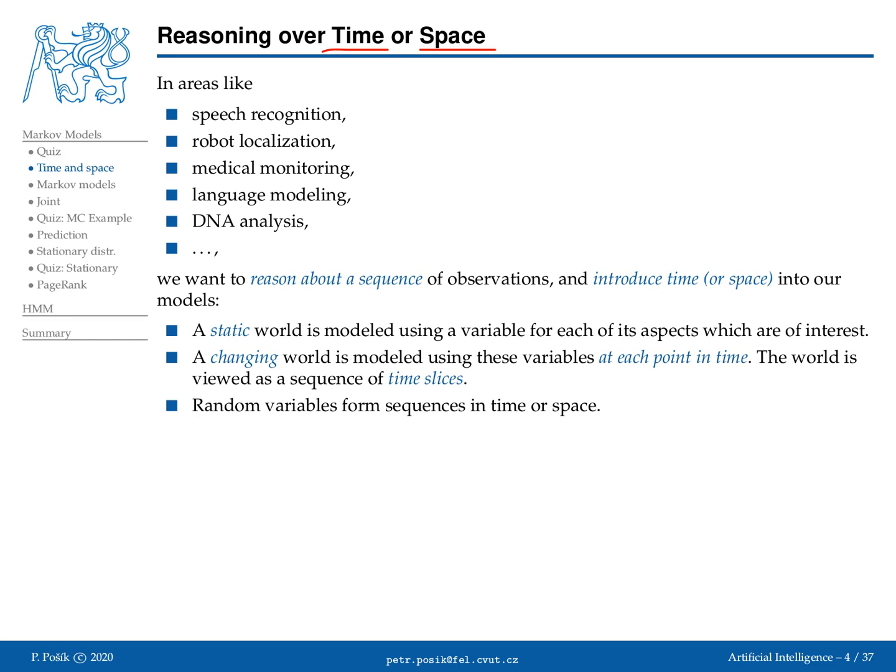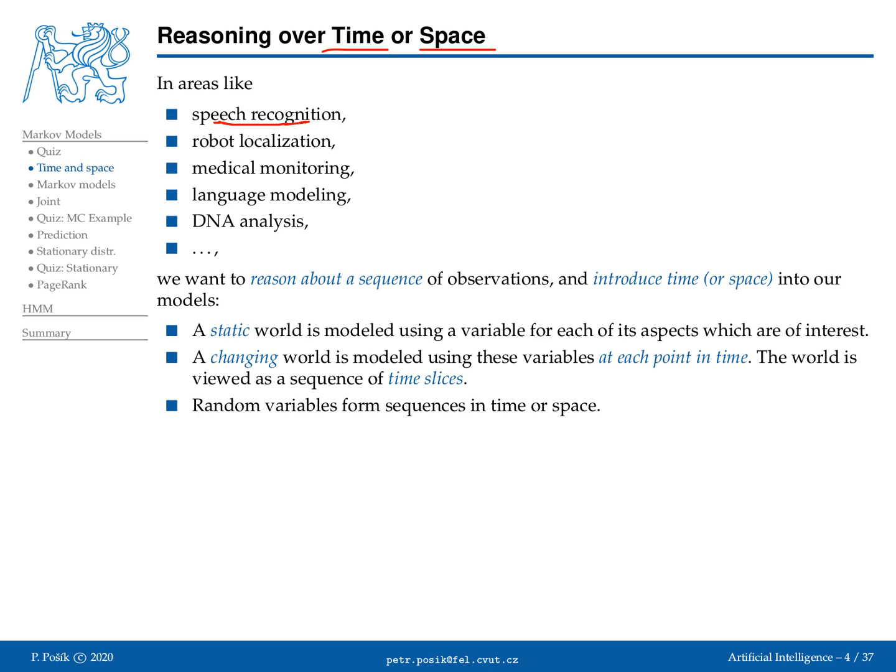This time or space dimension is very useful in many areas of artificial intelligence. For example, in speech recognition, there is some kind of hidden state of what vowel you try to pronounce, and the observation is the sound that you hear, right?